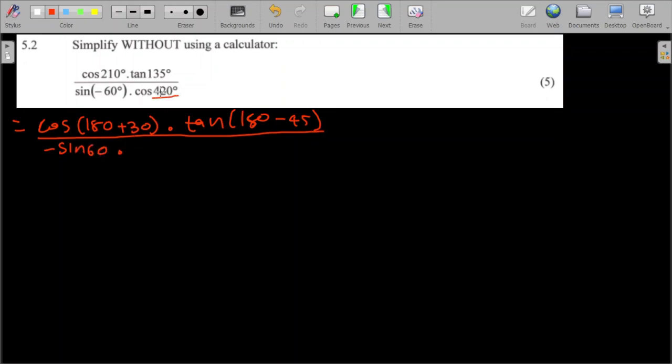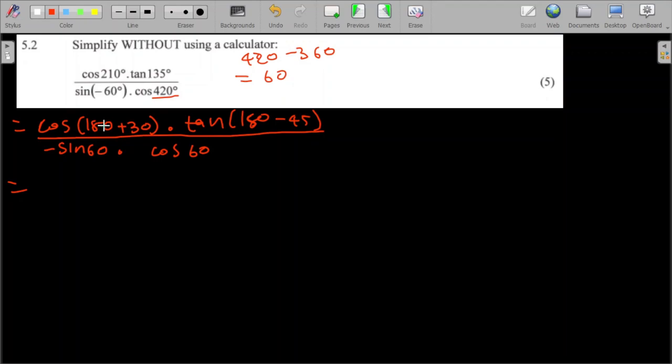If you're getting an angle above 360, just take that number, which is 420 in this case, and subtract 360, and it's going to give us 60. So you just write cos 60. I say 420 minus 360, then I got 60, which I just put here. You don't have to show it here; you just do it separately and then give us an angle there.